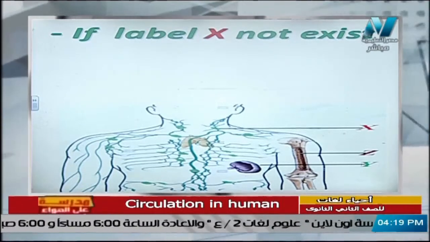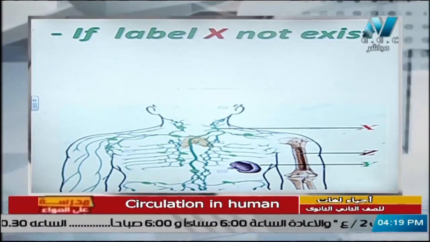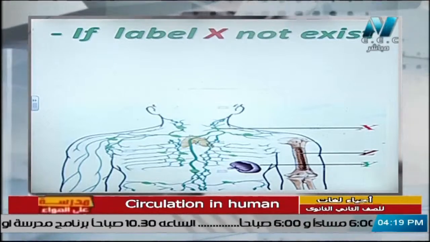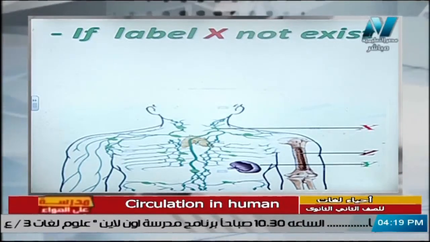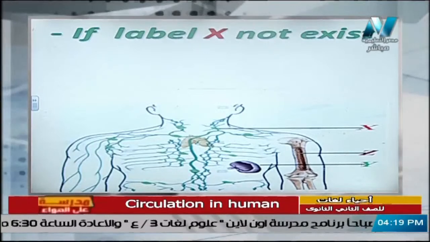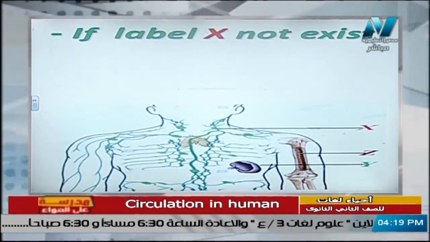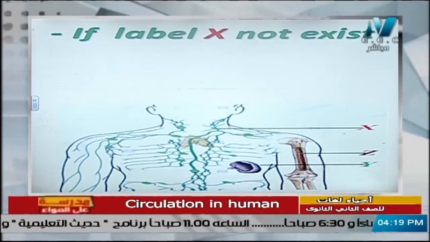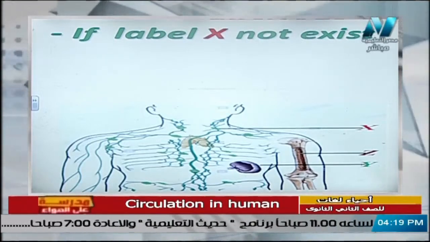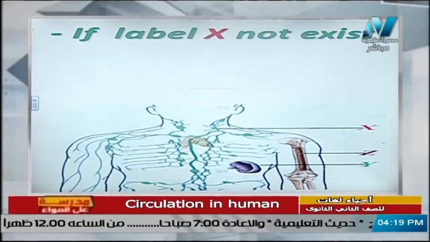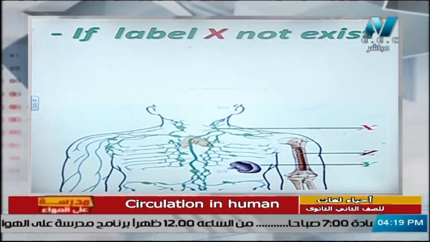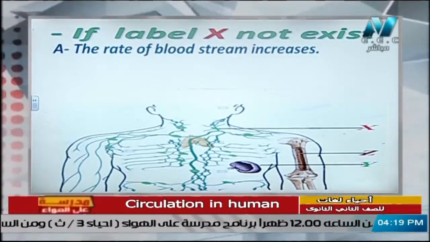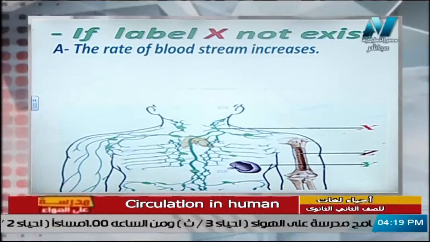صح؟ The lymphatic system consists of lymphatic capillaries or vessels and at the same time lymphatic nodes. So our label x is the node. So the function of node is what؟ هنعرف مع بعض. تعالوا نشوف مع بعض. بيقول لي the rate of blood stream increases.